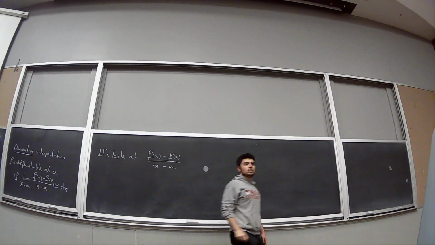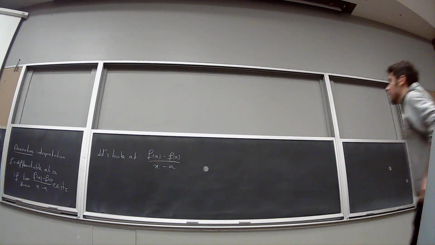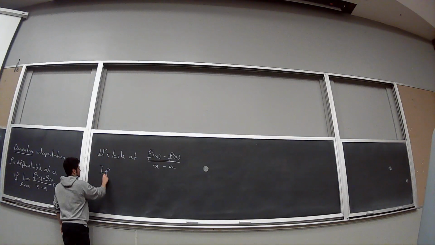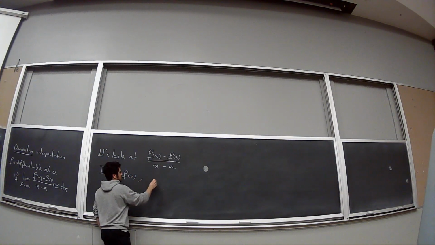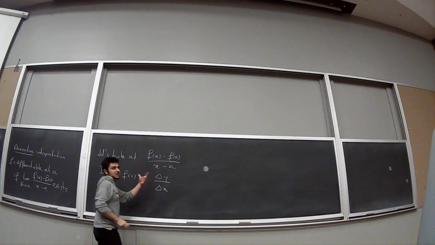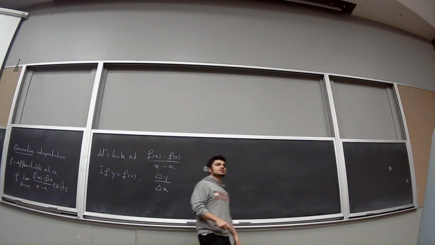What is this? What do we call this? Did you ever see the word rate of change? Yeah, this is the rate of change, right? This is delta y over delta x. Have you seen this notation? Yeah. So if y is f of x, this is delta y over delta x, right? Delta x being the difference in x values and delta y being the difference in y values.